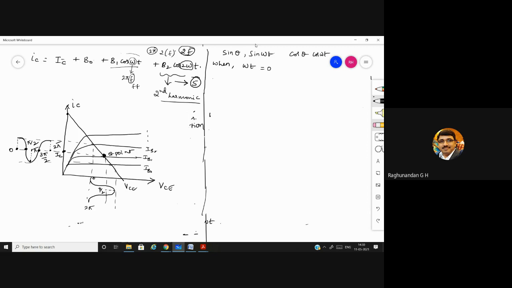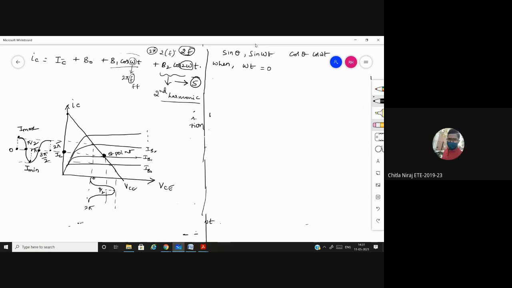Omega t is 0, and we know this peak is I max and this peak is I min. For this Q point, the quiescent collector current will be AC or DC?